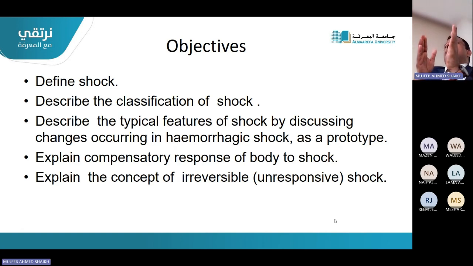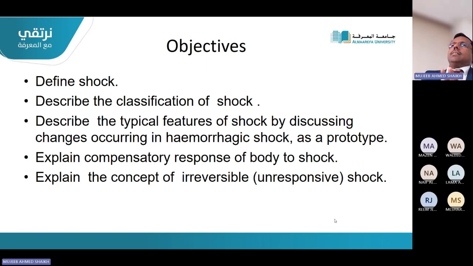Because let's say this is a bottle. This bottle is about, say, 200 ml. It should contain 200 ml of water, so there will be some pressure. If you make it only 10 ml of water, there will be no pressure created. If there is no pressure, then the flow will be decreased to such an extent that it will not supply the same amount of oxygen.